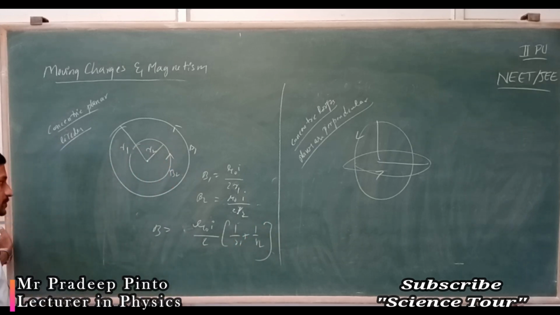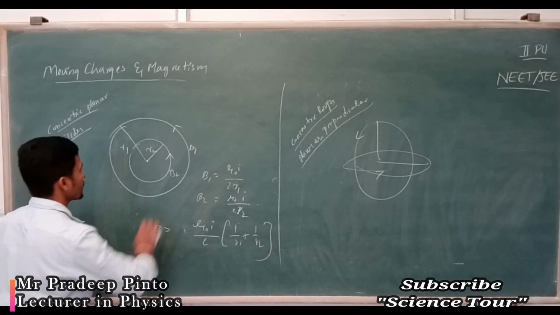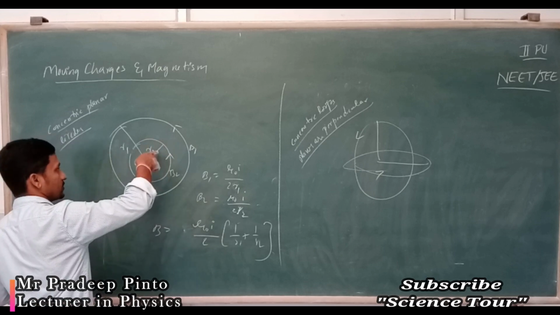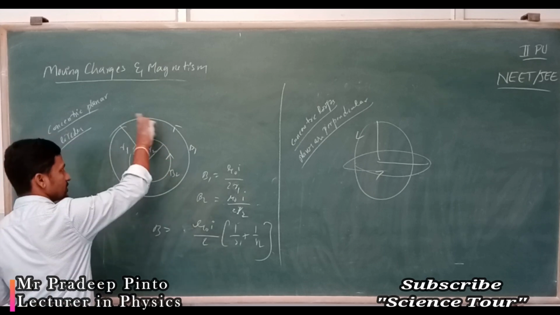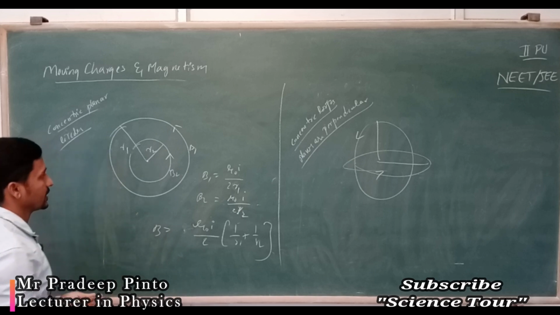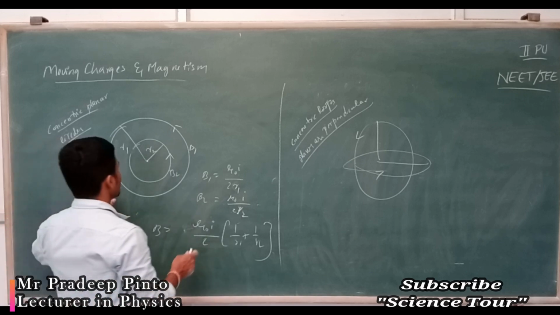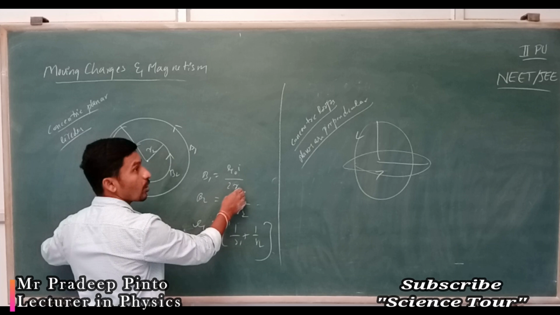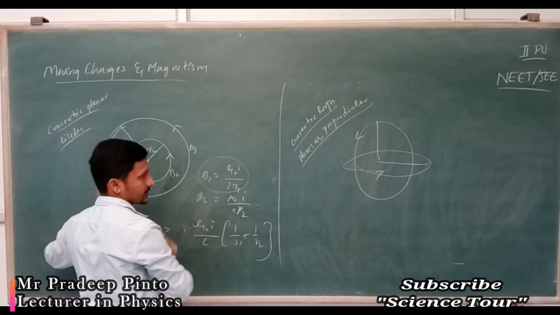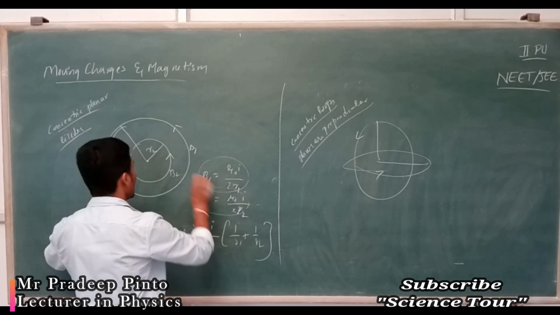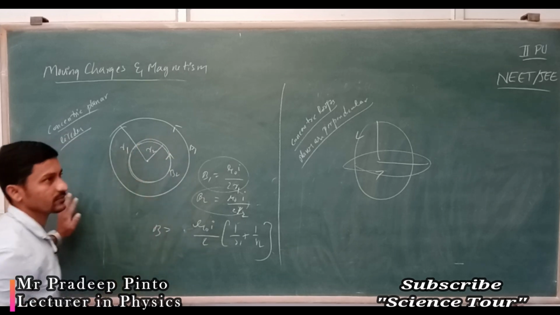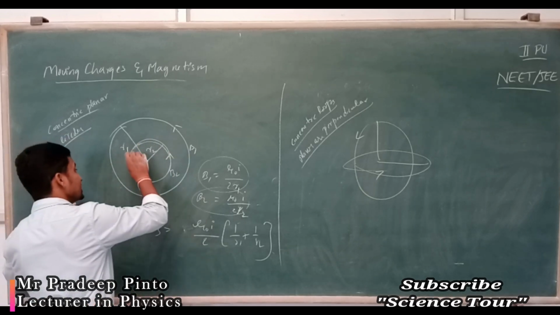Now if suppose one is in the opposite direction, this will be less, this will be more, that we have to make out. See, now R1 is more, isn't it? So this is less, this is more. Always the magnetic field is more because of the smaller circle. Now what happens if it is in the opposite direction?